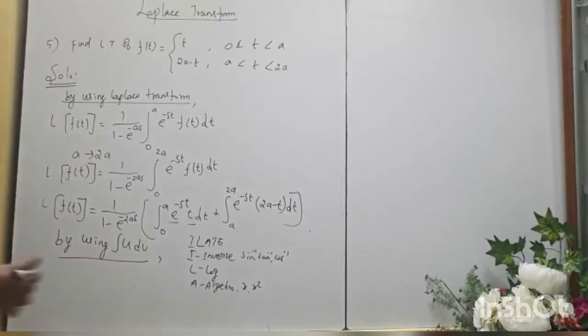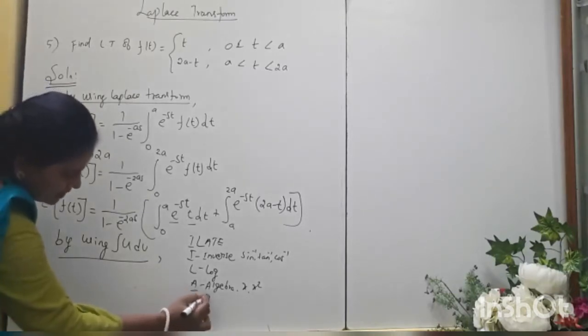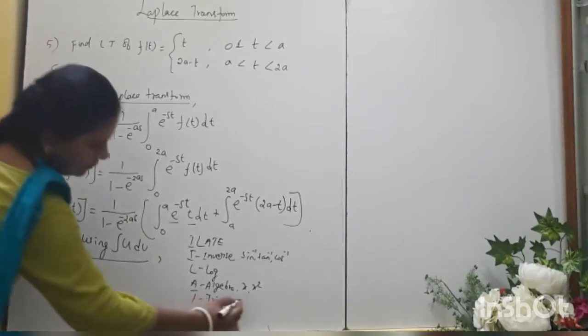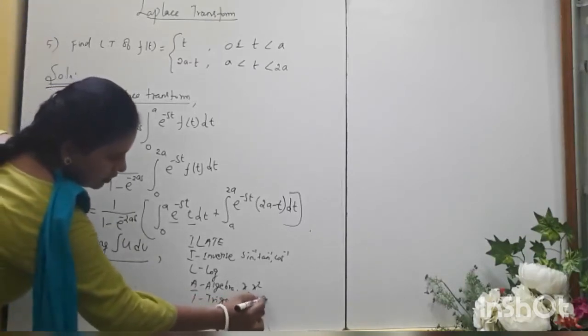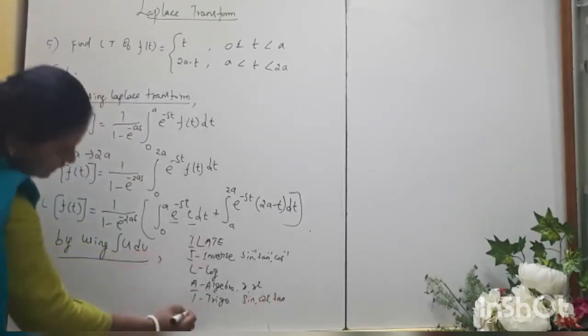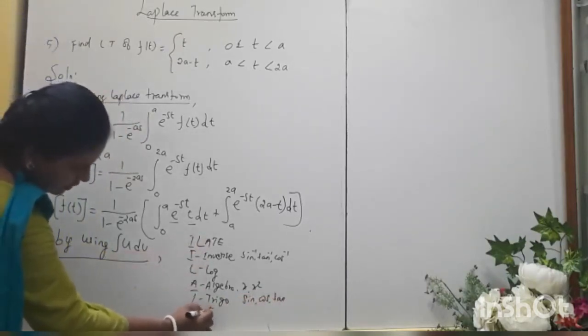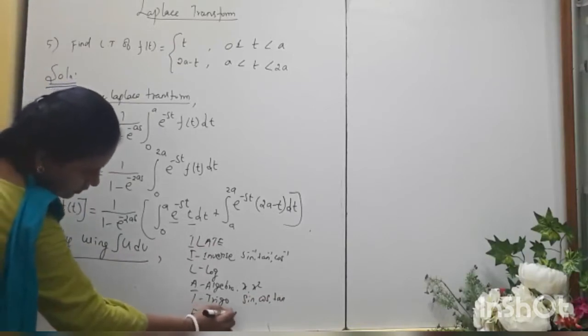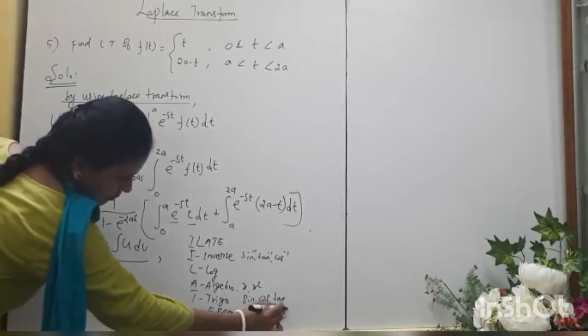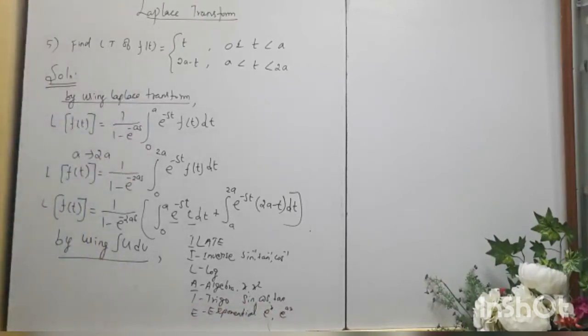Next, T means trigonometry. Trigonometry means sine, cos, tan, like that. Next, E means exponential. E power x, e power ax, like that.